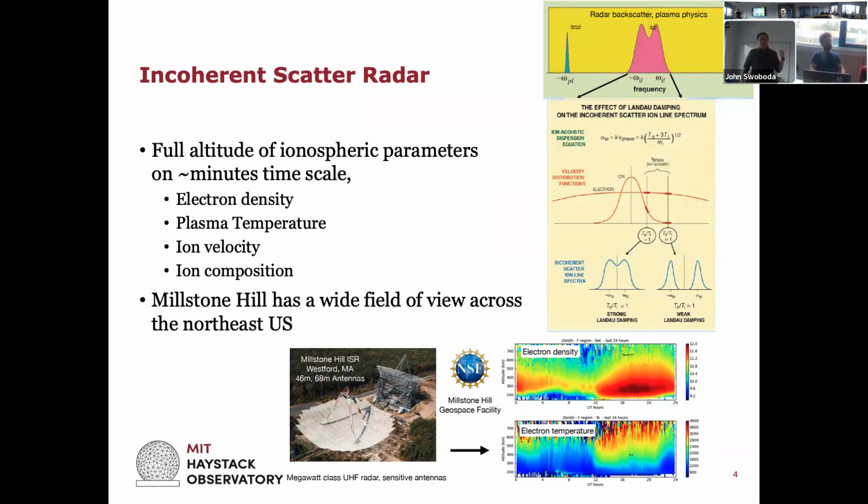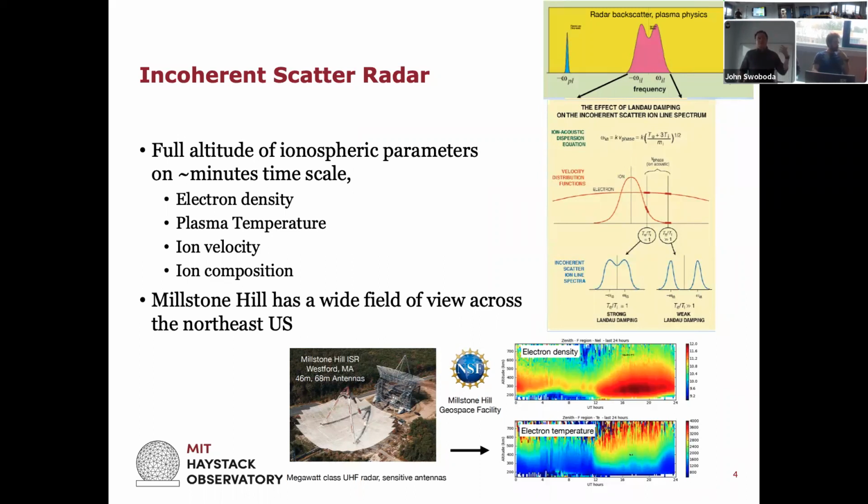We send out a pulse, and that is scattering off the electrons through Landau damping. You're actually able to see the ion acoustic modes coming in through the radar scatter, and from that we have a full physics-based model that is parameterized by electron density, plasma temperature, ion temperature, electron temperature, ion velocity, and the composition of the background ions.